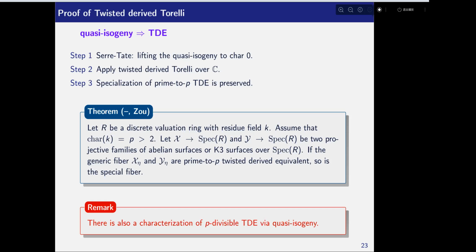The quasi-isogeny is not prime to p, but it will be liftable. We just replace prime-to-p by liftable, and then it should be the same.